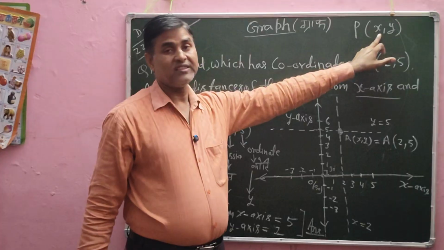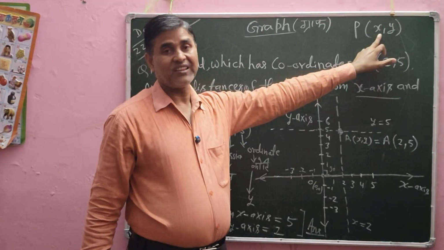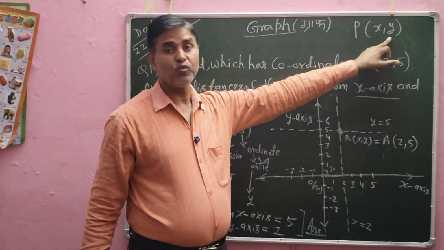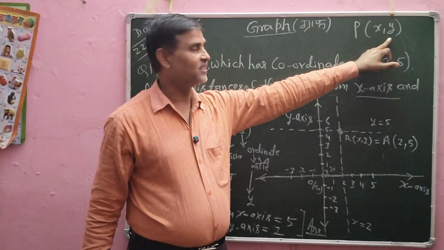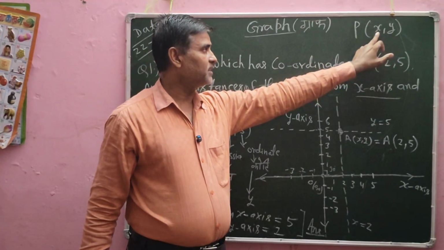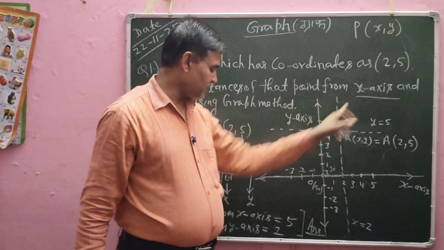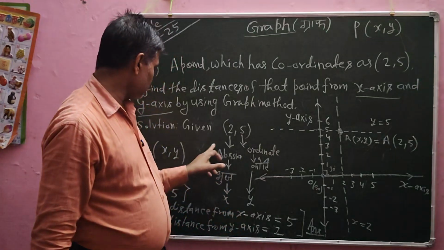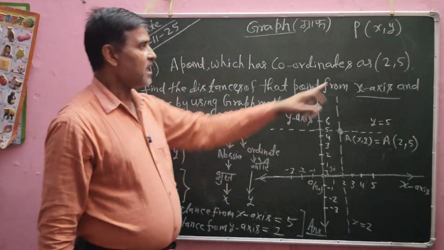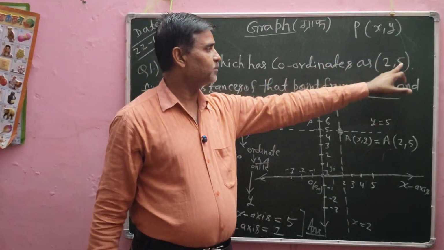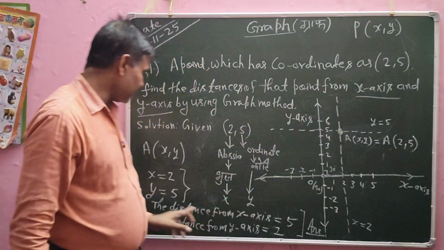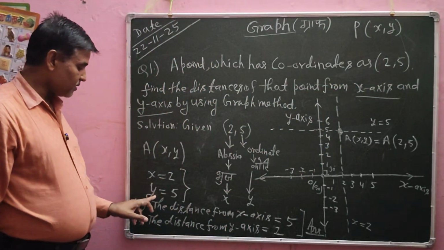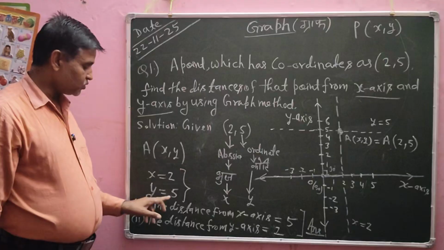X is also known as abscissa, called bhuj in Hindi, and y is known as ordinate, called koti in Hindi. In the place of x, 2 is given, so I have written x is 2. And in the place of y, 5 is given, so after comparing I have written y is equal to 5.